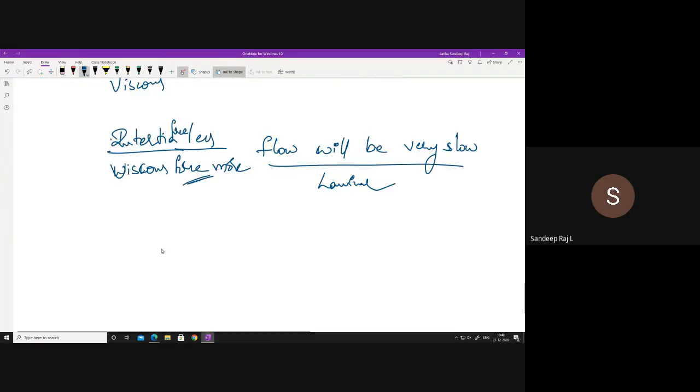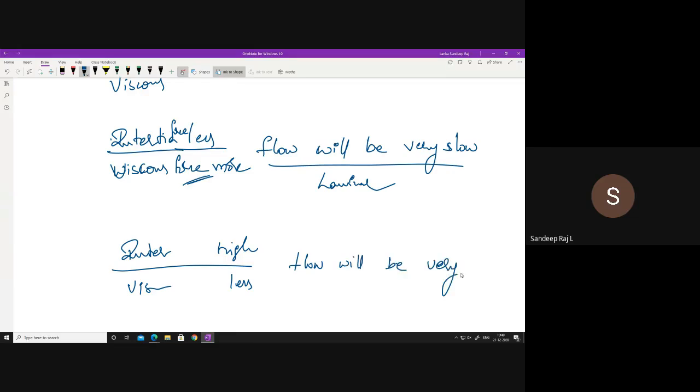If the inertia force is very high and the viscous force is very much less, then the flow will be very fast, and this is called turbulent flow.